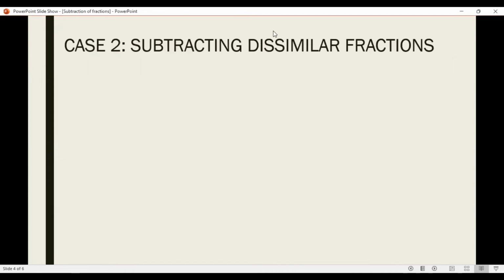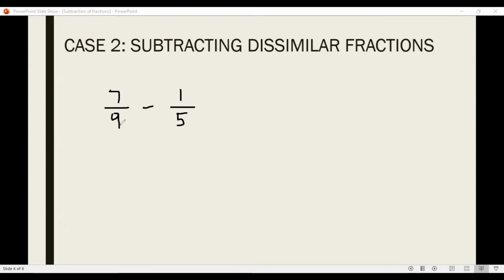So let's have some examples for that. So we already know that when we are speaking of dissimilar fractions, the denominators are different. So for example, you have 7 over 9, and we are subtracting from this, let's say for instance, 1 over 5.